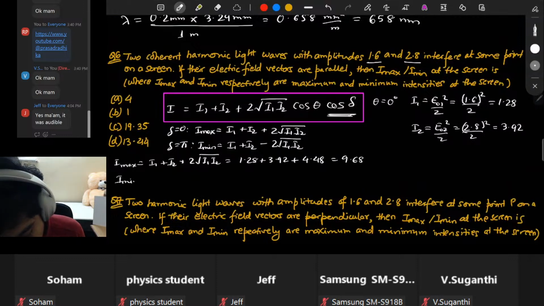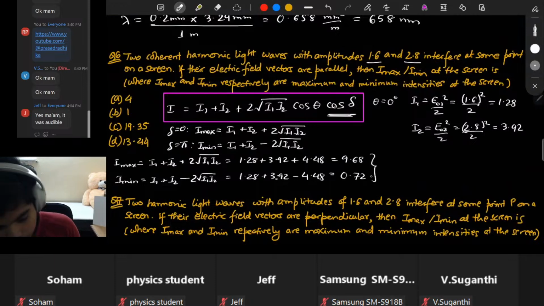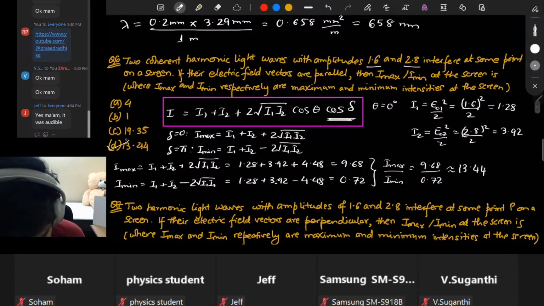And I min is I1 plus I2 minus 2 root I1 I2, so this is 1.28 plus 3.92 minus 4.48, which is equal to 0.72. Then taking the ratio, I max over I min is 9.68 divided by 0.72, which comes out to be approximately 13.44. So the correct option is option D.